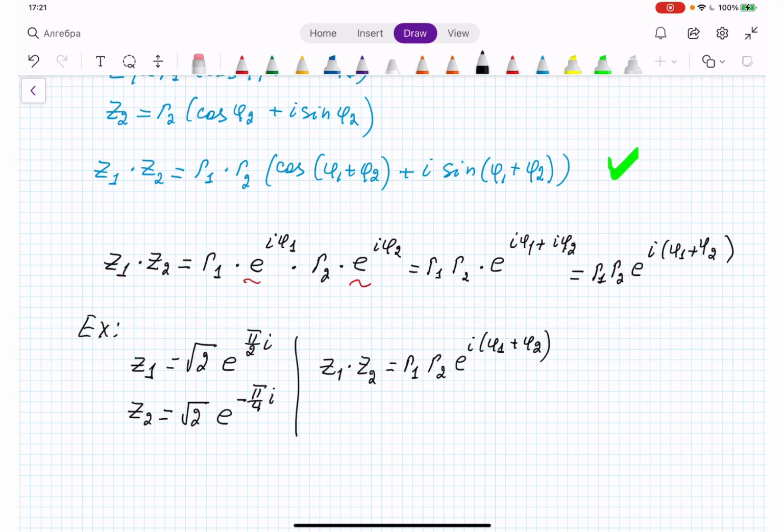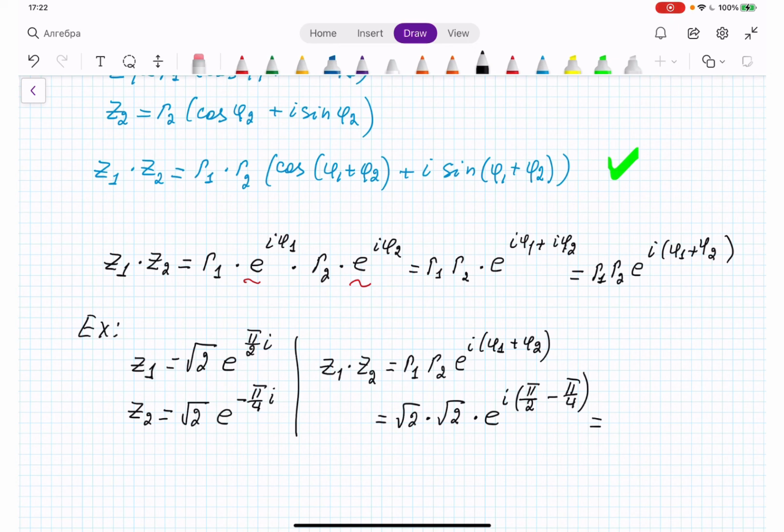So what do we have? Square root 2 times square root 2 times e to the power, phi1 is pi over 2, and phi2 is negative pi over 4. That's why instead of addition we do subtraction here, because pi over 4 is negative.